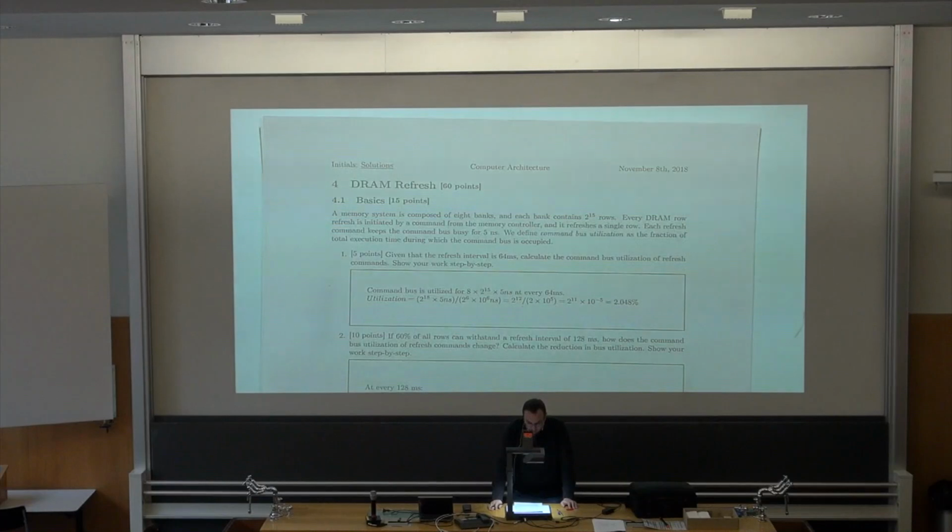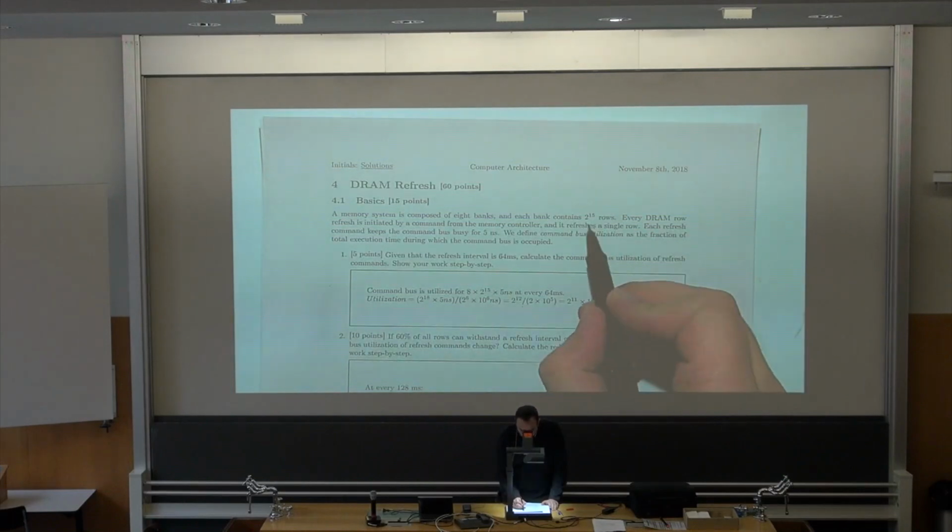So next question is DRAM refresh from the midterm, and I think for most of you it was pretty straightforward. So I'll just go over it very quickly. In the first question, we are calculating the memory bus utilization for the refresh operations.